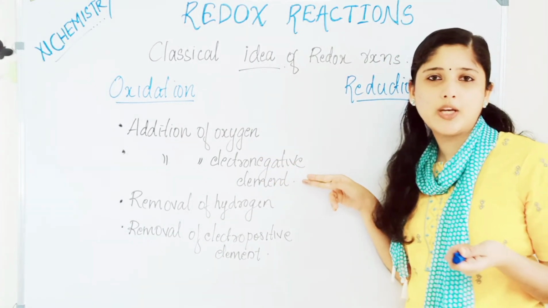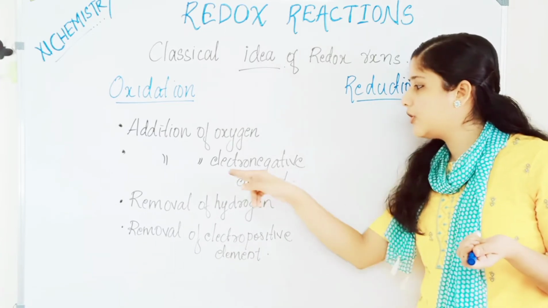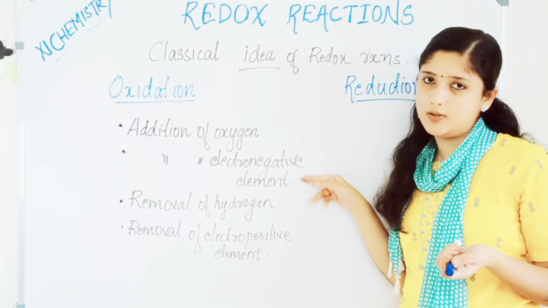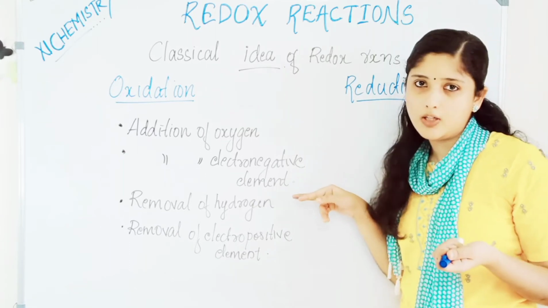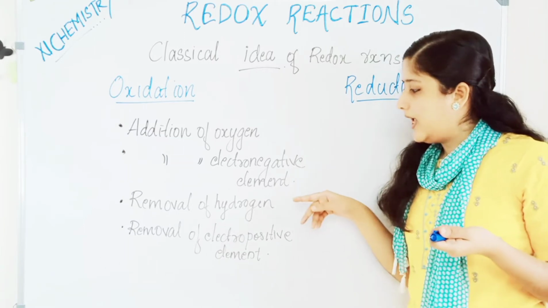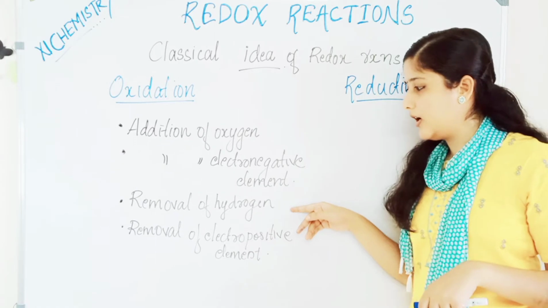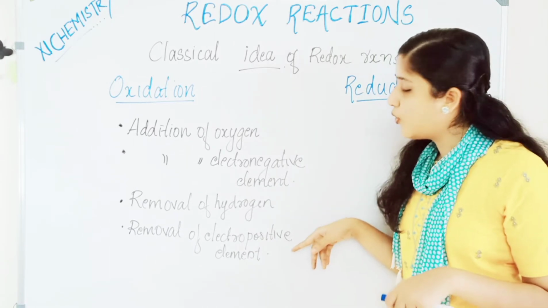What is electronegativity? We have already studied, isn't it? Just revise that. Addition of an electronegative element. You know the trend in the periodic table regarding electronegativity. Next, it can also be defined as removal of hydrogen and removal of electropositive elements.